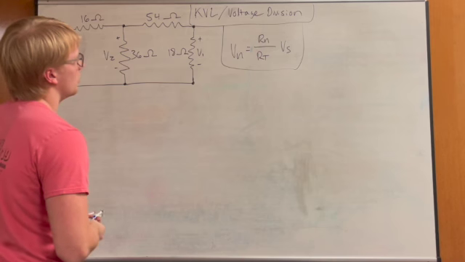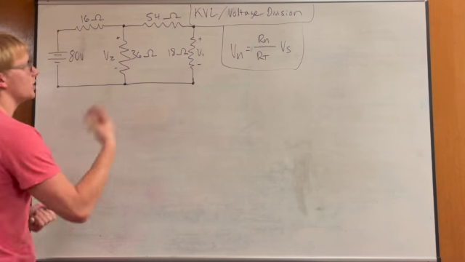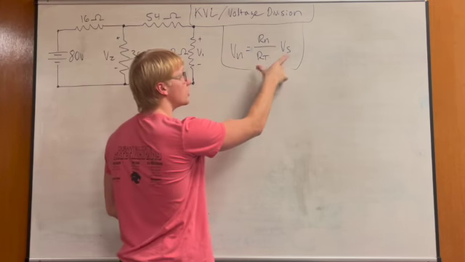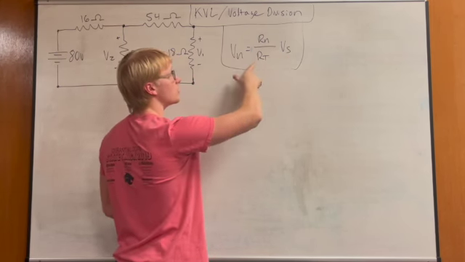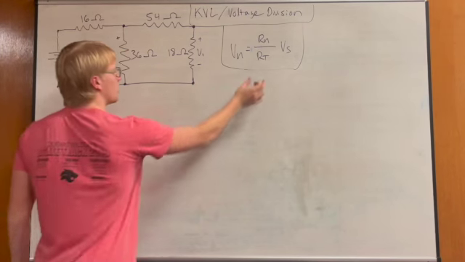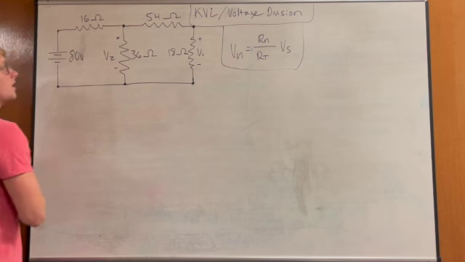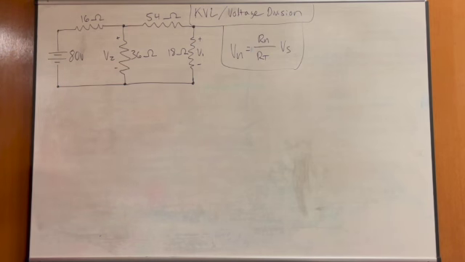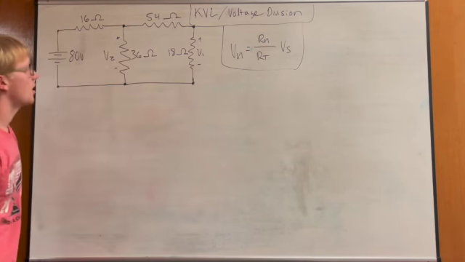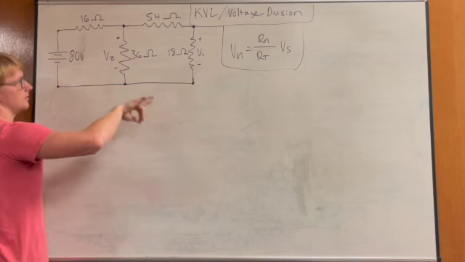The equation is very similar, except these are voltages and these are resistances. For the denominator we have to find the total resistance, and for the numerator we have to find the resistance of our component.